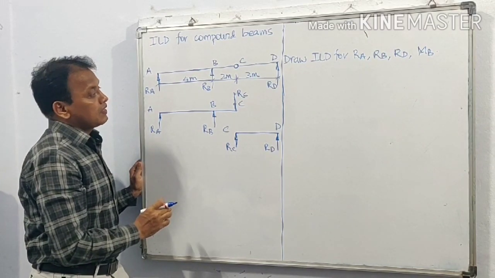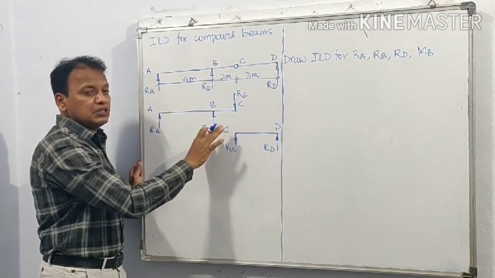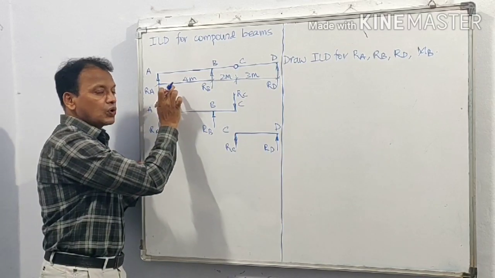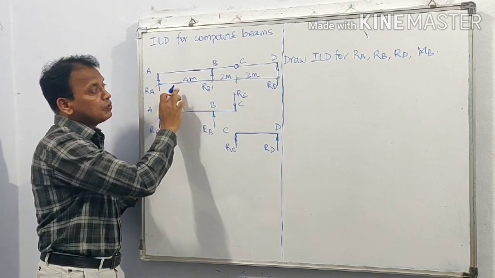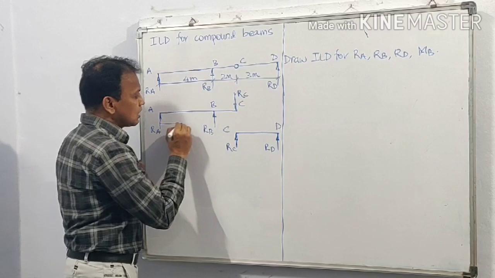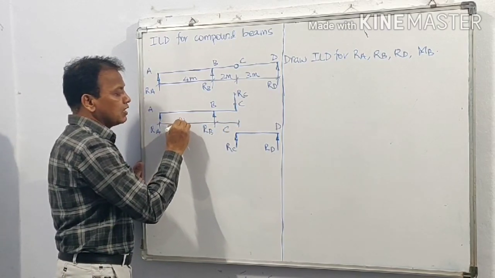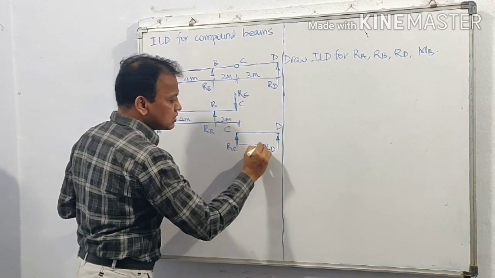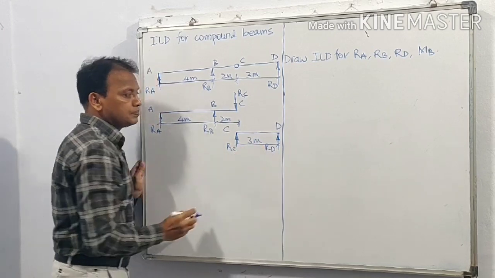In this manner, we can separate beam ABC at the internal hinge, and this compound beam we have converted into two beams. These dimensions will remain as they are, 4 meter and 2 meter, and this is 3 meter.